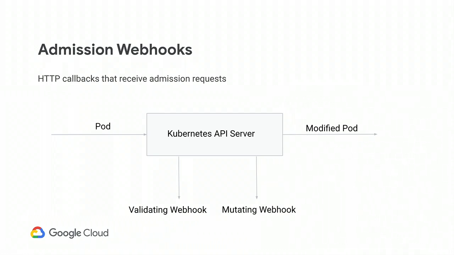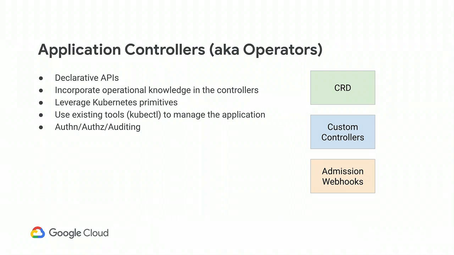So we covered CRD and we covered admission webhook. And now let's go back and reconnect the dots with how you manage a complex application which has day two operations that are very unique to that application. So you take these three building blocks. First, you use the CRD to introduce the declarative APIs.